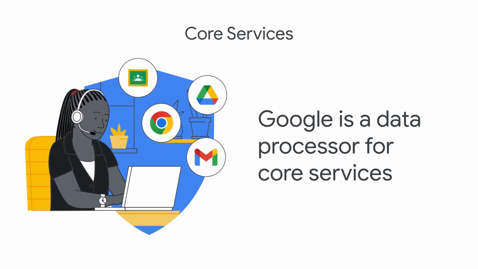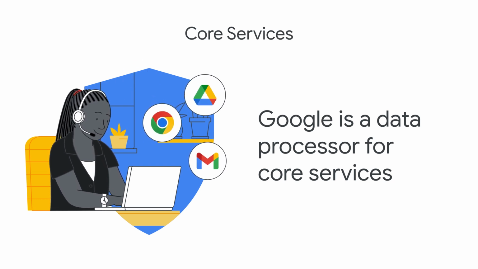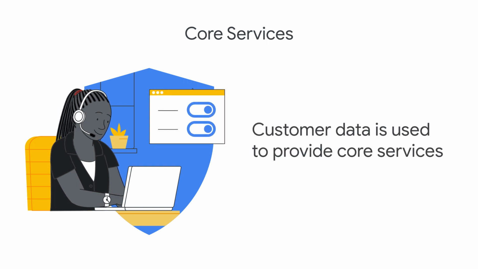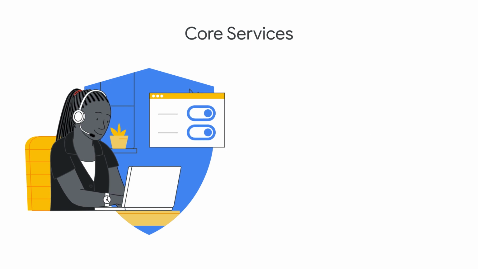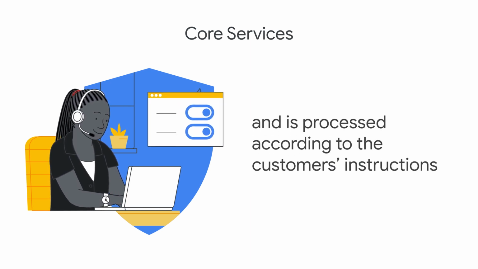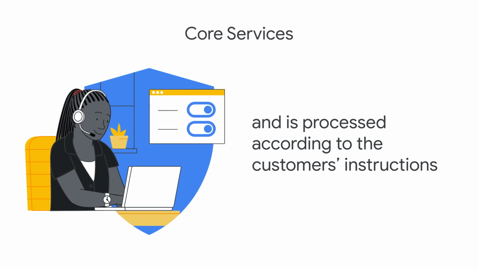As users use Workspace core services, there are two types of data that are collected. First, things that are provided or created through core services, referred to as customer data. Customer data within the core services is used to provide the core services and is processed according to the customer's instructions. For example, Google processes a user's email address to send and deliver messages between teachers and students.